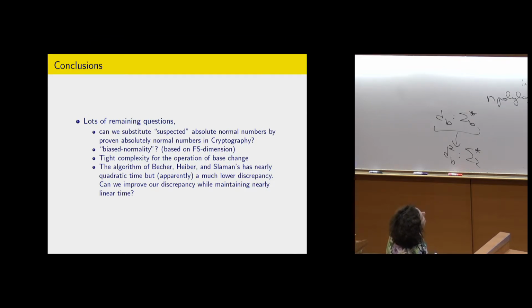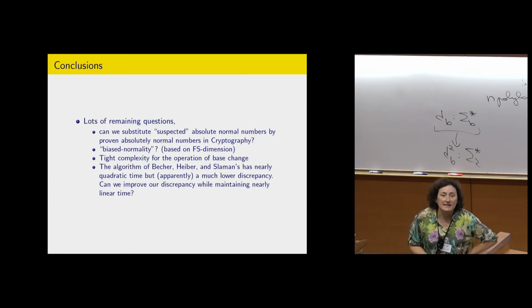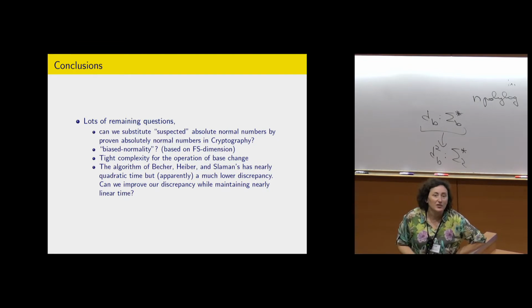Can we have sequences that have a positive finite dimension, but not one exactly? So they are not normal, but they have some normality in them. And can we have things that are biased normal in every base? How does this look when, instead of asking for normality with dimension 1, you change this for another value?